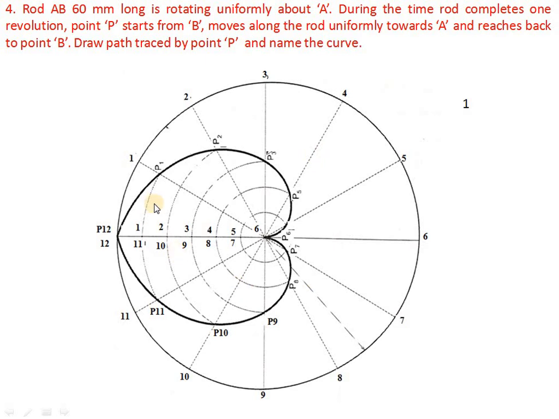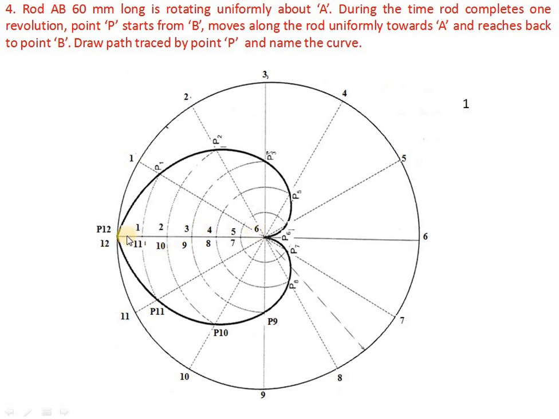So divide the circle into 12 parts: 1, 2, 3, 4, 5, 6, 7, 8, 9, 10, 11 and 12. Now the point P must reach the center in 6 divisions. So we have divided this AB line into 6 divisions, and then while coming back, it is 7, 8, 9, 10, 11 and 12.